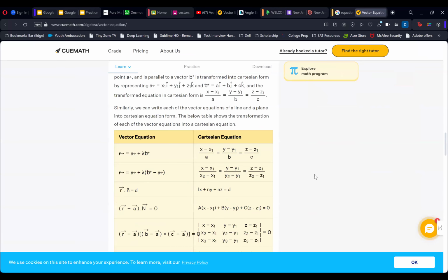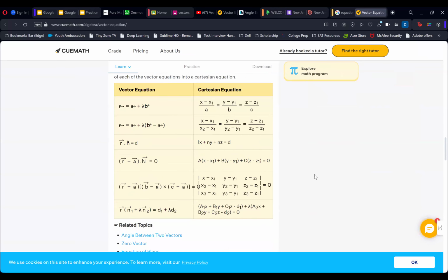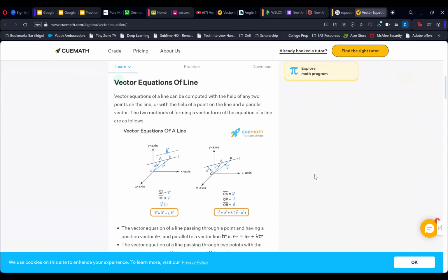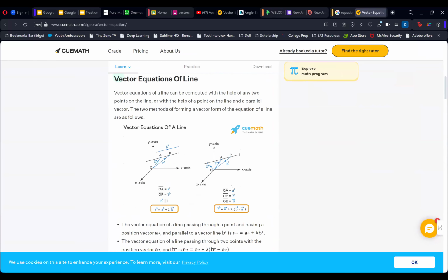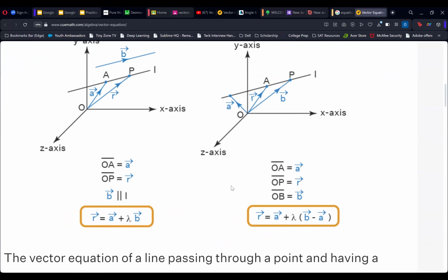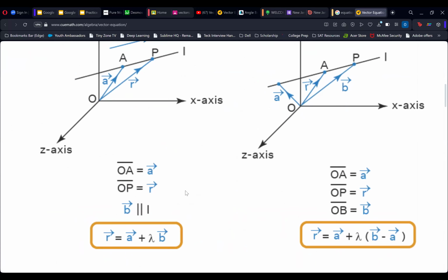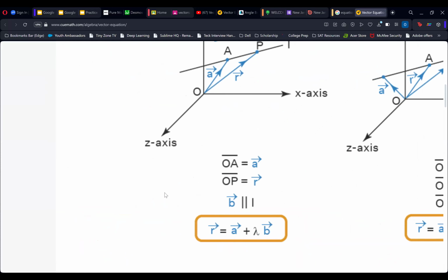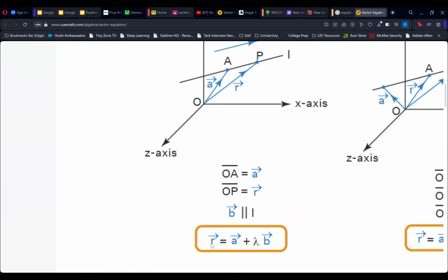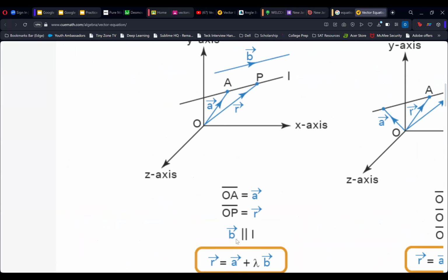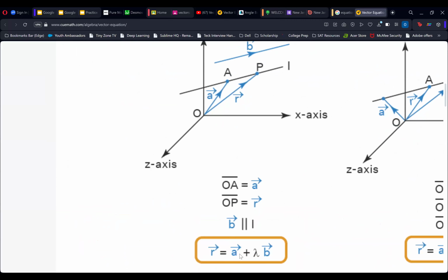And then I also earlier saw the lines. This is the one that you will always see, right? Which is the line is defined by A, which is the point on the line.